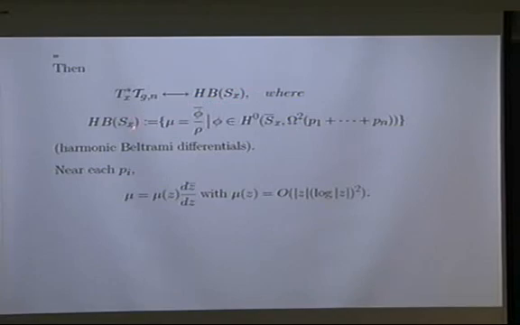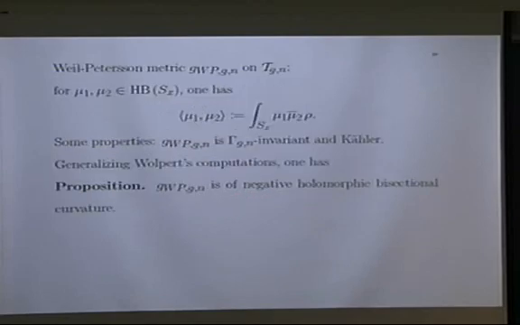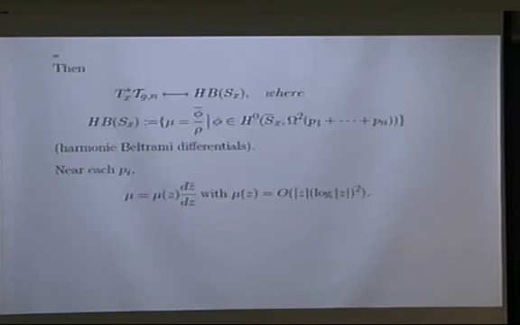Each harmonic Beltrami differential mu is of the form phi bar over rho, where rho is the metric and phi is the quadratic differential. Mu is bounded and actually goes to 0 as z approaches the punctures, and rho is the hyperbolic metric.